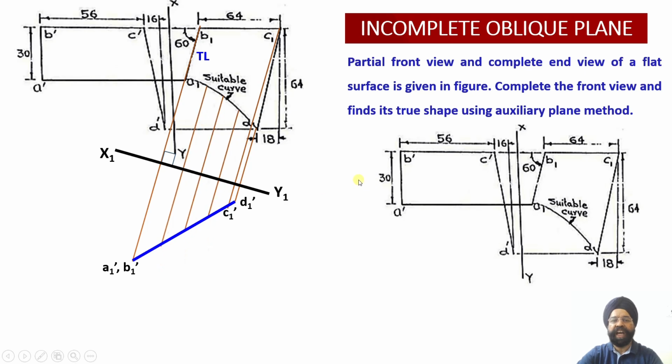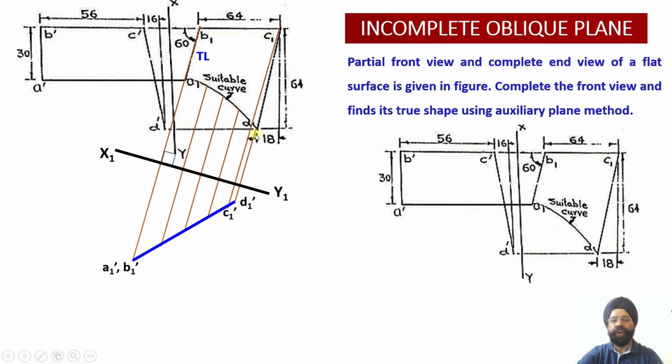Having worked this out, before drawing the true shape, I am going to complete this curve using auxiliary plane fundamentals. As I told you a while before, even if there are hundreds of points in the elevation, all those points would be merging on this straight line. Now in order to complete this curve, you can have 1, 2, 3 or 4 dummy points, because this curve we had drawn freehand.